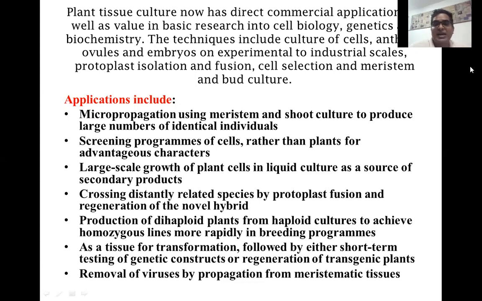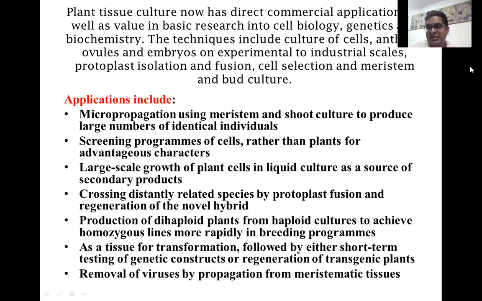And you can also do transformation. Transformation is basically inserting some foreign characters by use of genes in the plant species, and then you can generate transgenic plants.